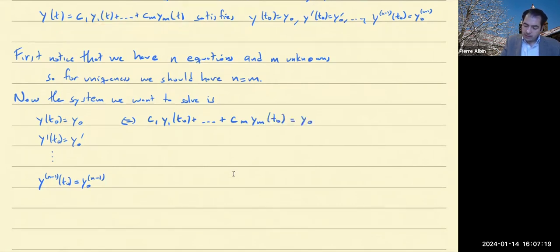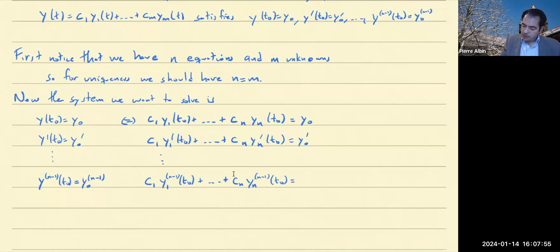And then the second equation says that C1 y1 prime of t naught plus dot, dot, dot Cn yn prime of t naught is y naught prime. And then this last equation says C1 y1 n minus 1 derivatives at t naught plus dot dot plus Cn yn n minus 1 derivatives at t naught, all that should equal y naught n minus 1.